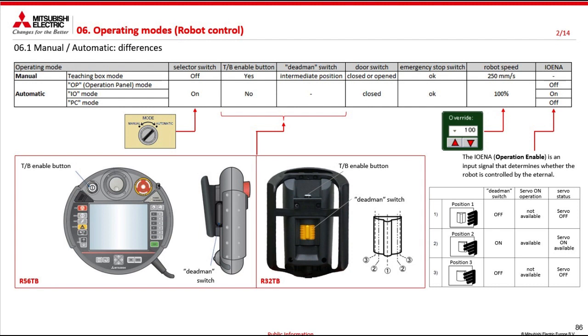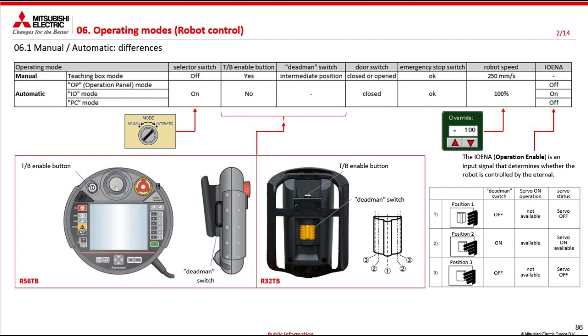What does it mean? If we are huddled behind the robot, and one of our colleagues doesn't see us and wants to put the machine on automatic by turning the selector, an alarm will be generated automatically as long as the enable button is pressed on the teaching box.